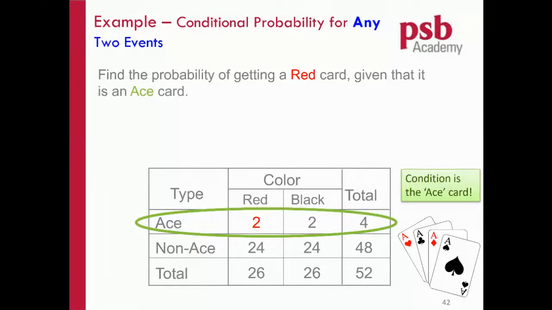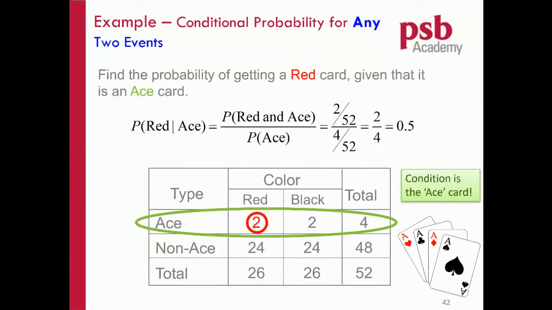What's the chance that the ace card is a red card? If I've gotten an ace, what's the chance I get a red card? Then it will be just 2 over 4. Okay, 2 out of 4.